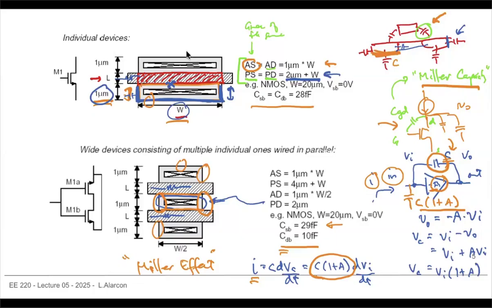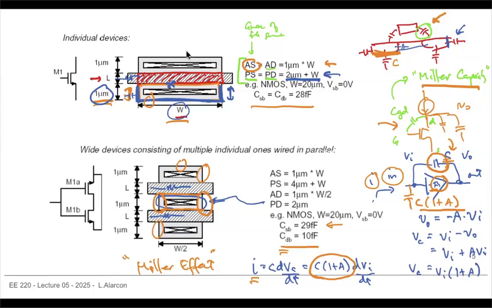Just because, if you list the capacitances, Spice can allow you to do that, list all the capacitances and rank them from largest to smallest. Then you start trying to figure out what the largest caps are and why your circuit is not running at the speed that you want.